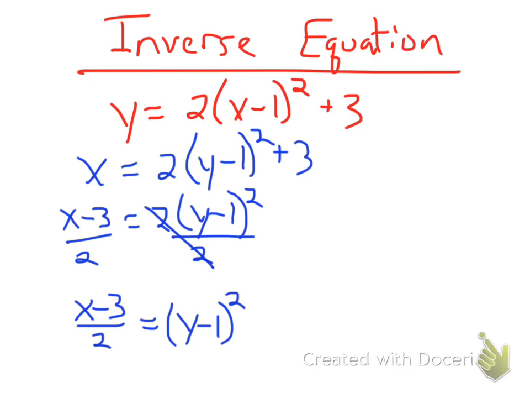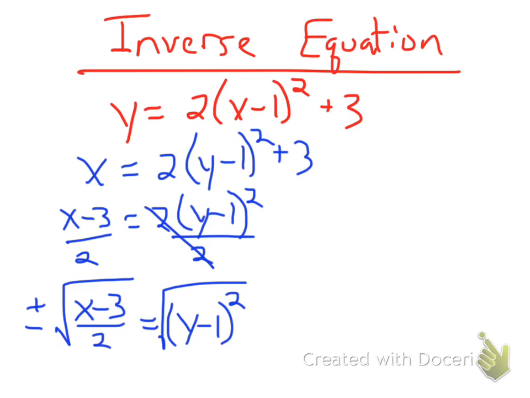Now to undo the square on the right side, I'm going to square root both sides. Now in this step right here, since I am squaring something, y minus 1, whether that's a positive or negative number does not matter. So when I take the square root of it, I can get both the positive and negative values.